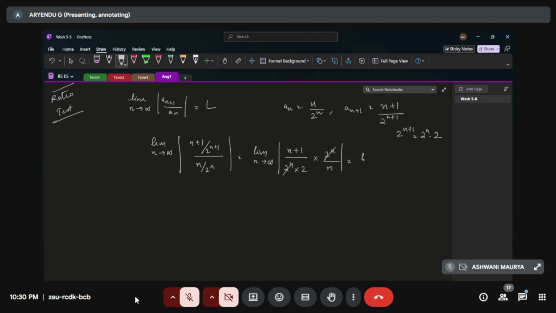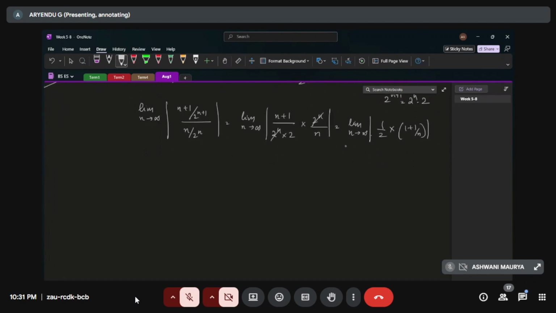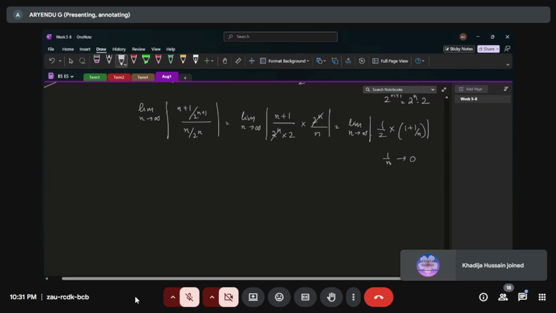So if we simplify, we will get 1 by 2 into 1 plus 1 by n. Here n is tending to infinity, so 1 by n will tend to 0.